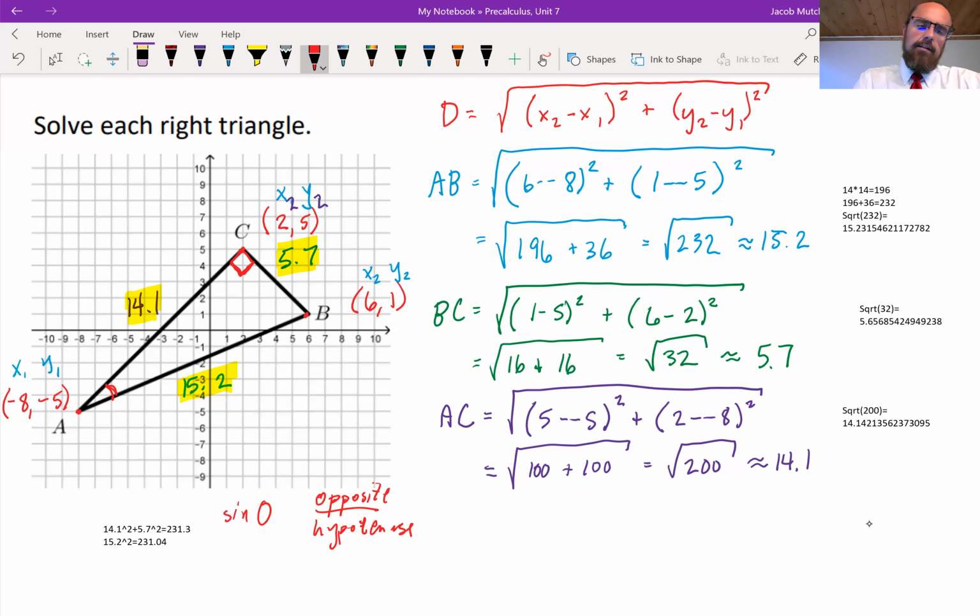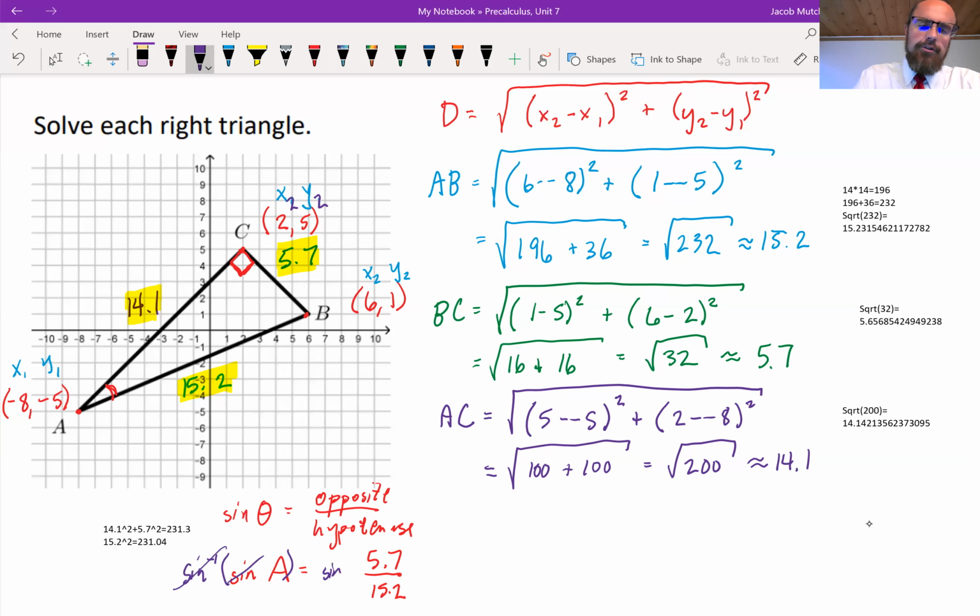So I'm going to set this up for angle A. Sine of A equals opposite 5.7 divided by 15.2, excuse me, which is my hypotenuse. So then to solve there, I'm going to apply the inverse sine to cancel sine on the left.